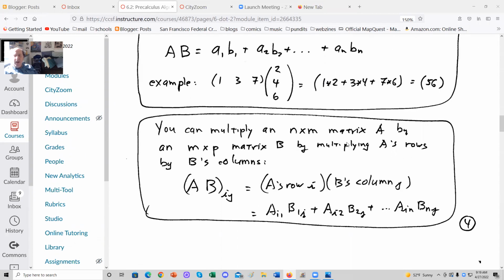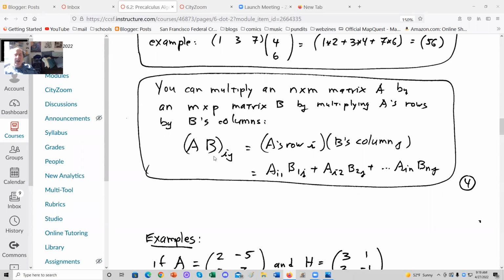Now, the way to multiply an n by m matrix by an m by p matrix, well, first of all, these m's have to be the same. The number of columns of A has to equal the number of rows of B for this to work. So you do this by multiplying A's rows by B's columns.